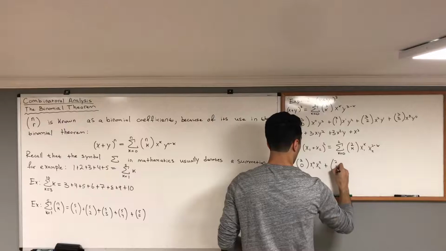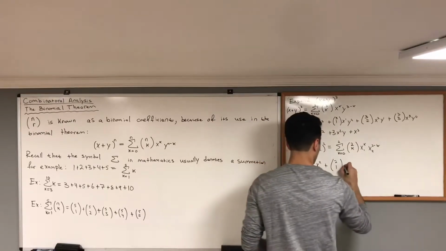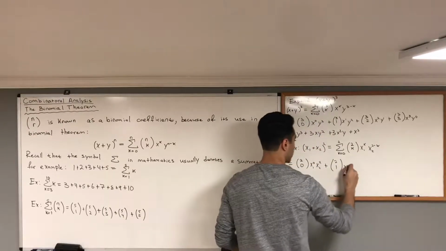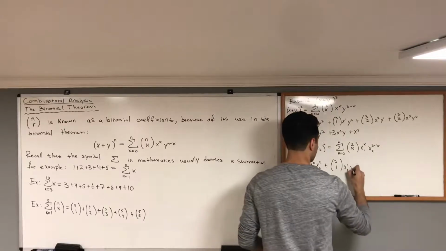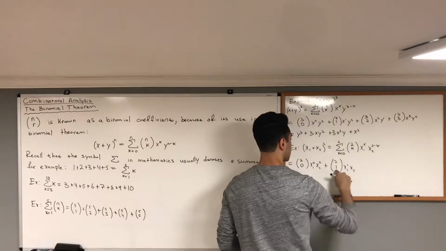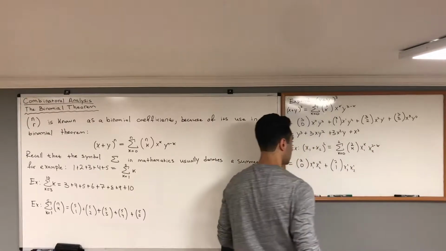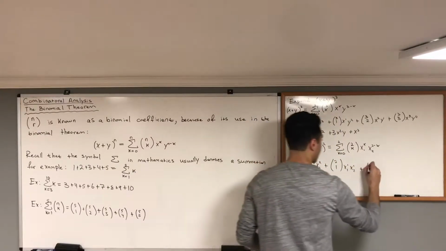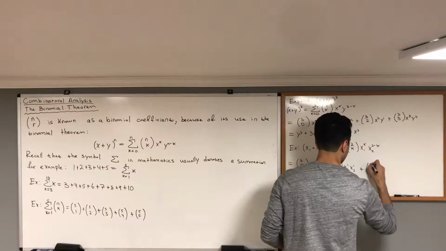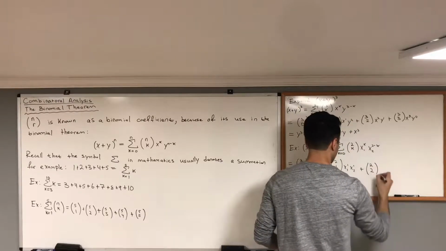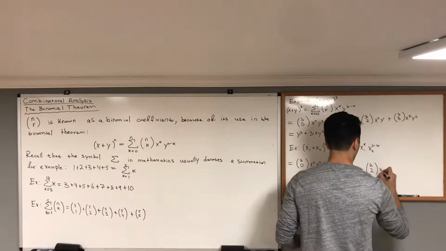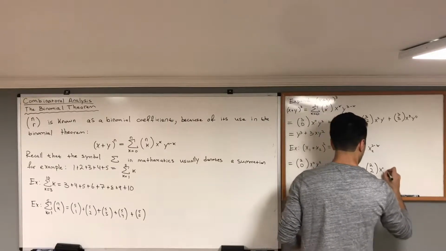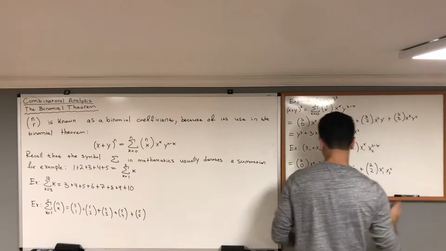Okay, so 2 choose 1, x1 to the k, which is 1 here, times x2 to the 2 minus 1, which is 1. Okay, and this is the last term because my k finally reached the n, which is 2 in this case. So 2 choose 2, x1 to the 0th power and x2 squared.